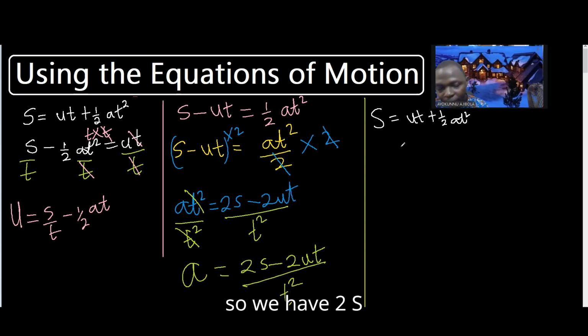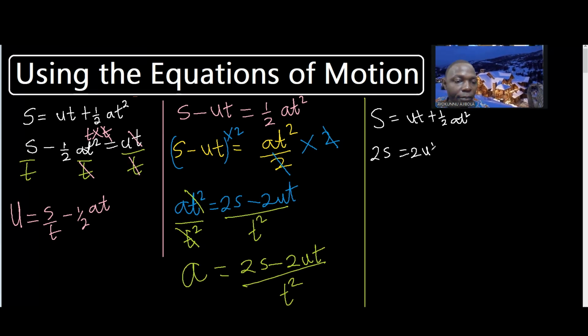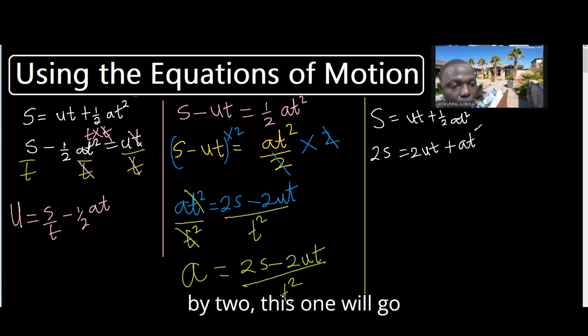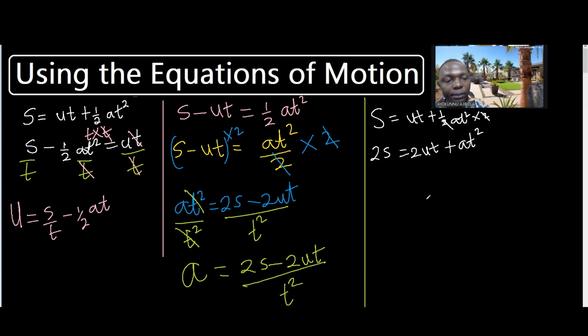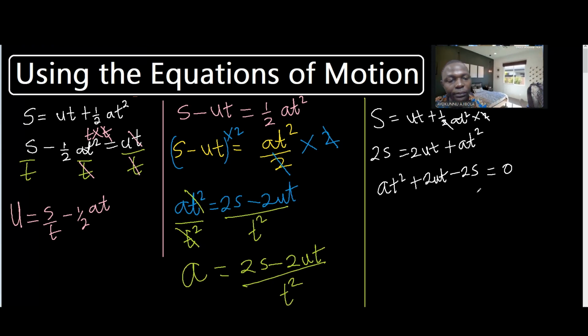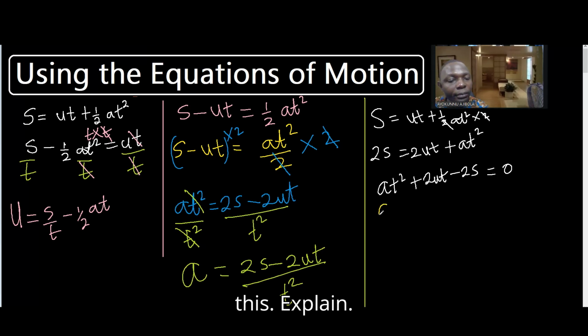So we have 2S equals 2UT plus AT squared, because when you multiply by 2, this one will go away. Then you now have AT squared plus 2UT minus 2S equal to 0. So you will need the quadratic formula for this.